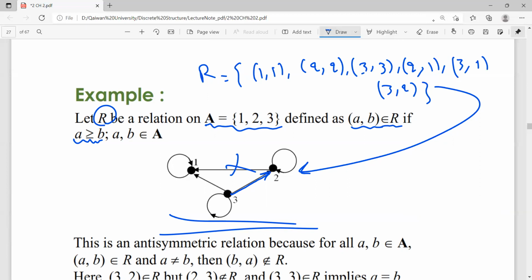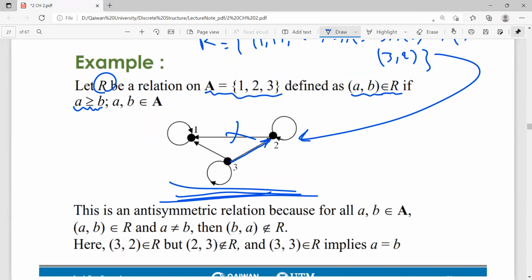At most we have only one-way arrow. It's possible if we have no arrows. So this is the diagram, and here this satisfies the condition of anti-symmetry.